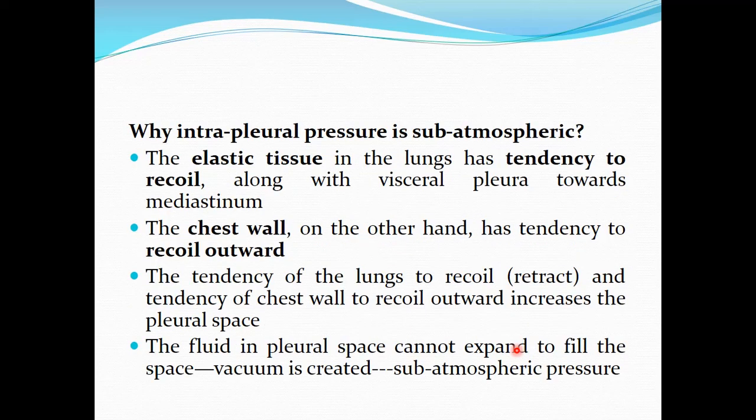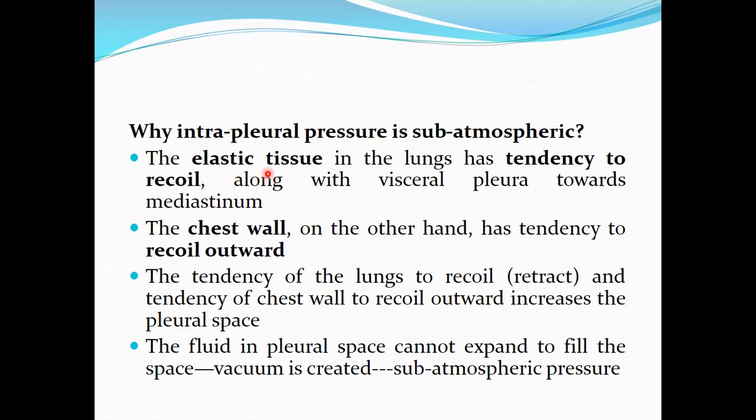Now coming to the point of why the intrapleural pressure is subatmospheric. In the last lecture, we talked about how the lung contains elastic tissue. The elastic tissue has a tendency to recoil when it is stretched.